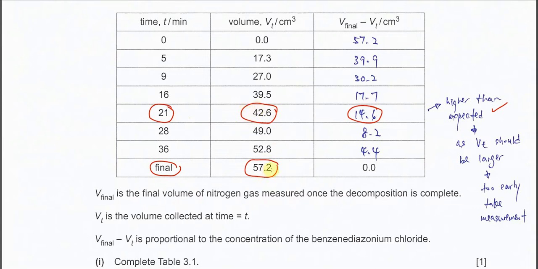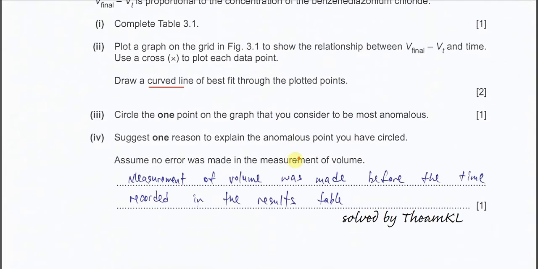So 57.2 minus a lesser volume gives you a larger value here. That's why it was too early to make the measurement. The Vt should be larger than this. I hope you understand what I am trying to tell you, so try to digest it.